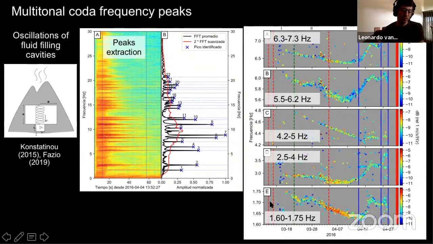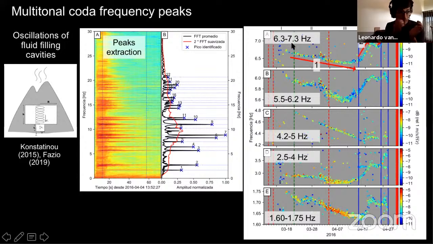That's very different from harmonic tremor, where all the overtones behave similarly because they are just overtones of the same frequency. But in this case, we see different behaviors. I'm plotting here the band between 1.6 and 1.75 hertz, and then 2 to 4, 4 to 5, 5 to 6, 6 to 7. So there are very narrow ranges of variation.